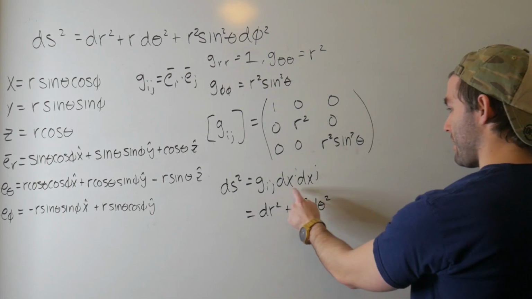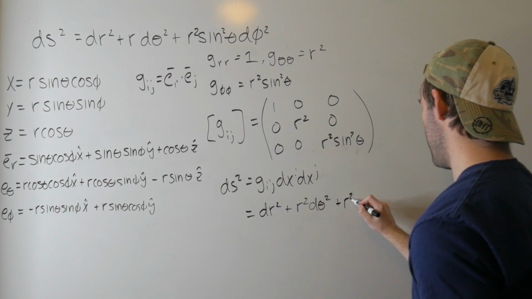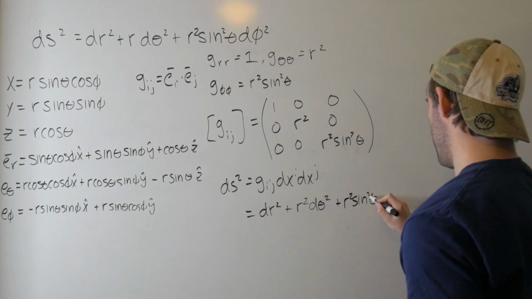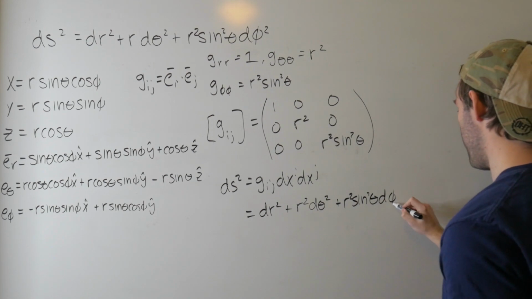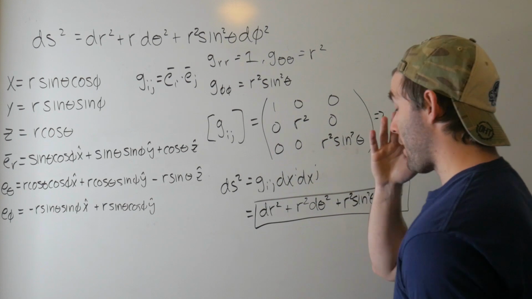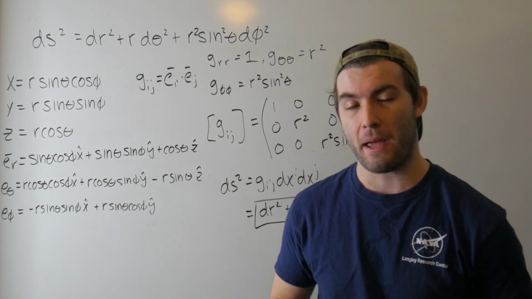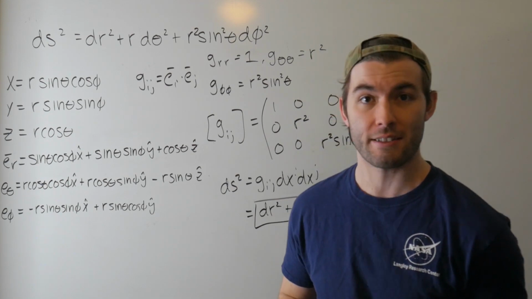And then the last one is g33, which is r squared sine squared theta, times d phi squared. There we have it. We were able to get the right answer, the ds squared, by explicitly calculating the components of the metric tensor instead of just pattern matching because we already knew what the answer was.